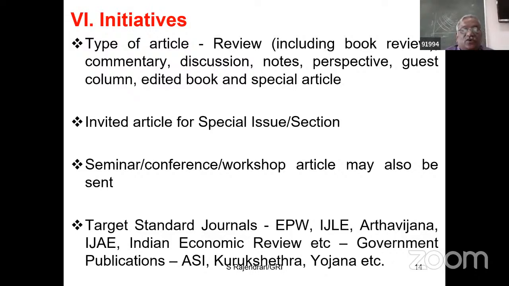Known journals like Economic and Political Weekly, Indian Journal of Labour Economics, Artha Vijnana, Indian Economic Review, etc. And from government publications, we have Kurukshetra, Agriculture Situation in India, Yojana, etc. To my surprise, the magazine Yojana, it's not a journal actually, it's a magazine, has been listed in the UGC CARE list. That is very surprising to me, and it is one of the very good sources for civil service aspirants.